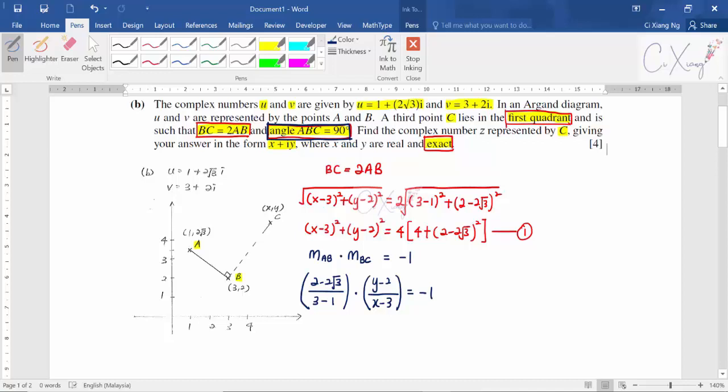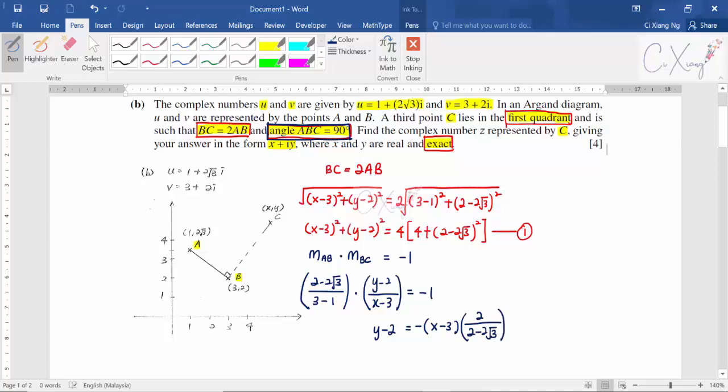Then I try to keep the y minus 2 on the left hand side only. So when I bring everything over, I will have y minus 2 equals negative (x minus 3) times 2 over (2 minus 2 square root 3).